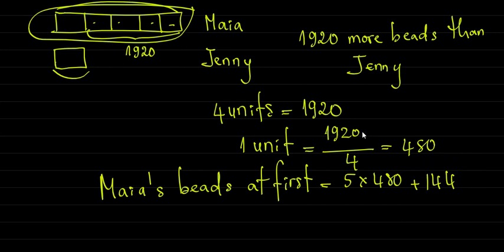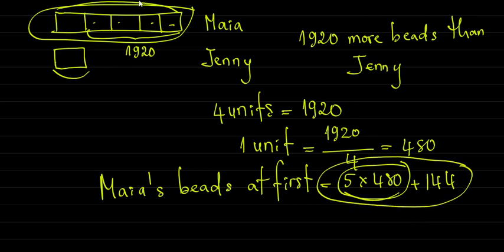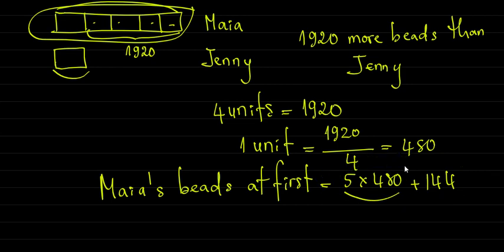That is why you times with 5 and then you plus it, because this is the amount of bits that Maya has at the end, and this is the amount of bits that she has at first. With plus, because the amount at the end we get from subtracting 144. So the word "used" just means minus. Get it?